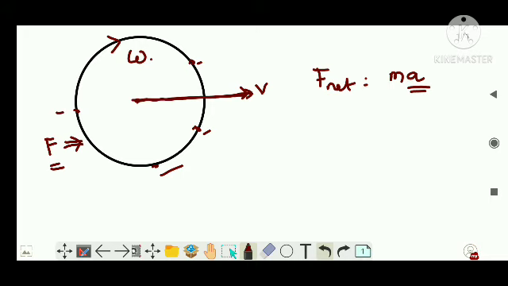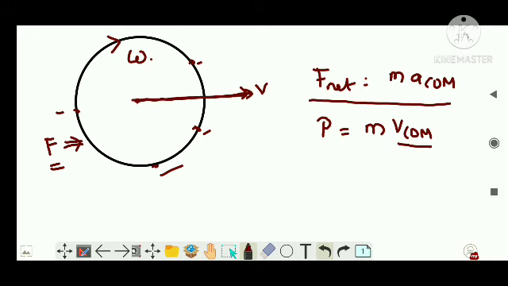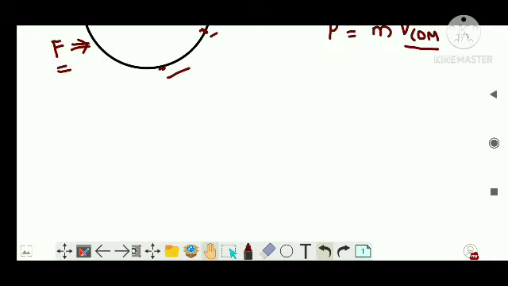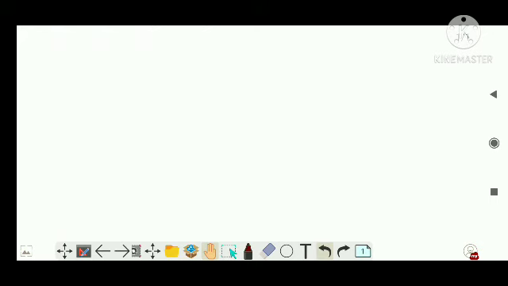So better to find the acceleration of the center of mass. Similarly, if someone asks you the momentum of the disk, better to find mass into velocity of center of mass. So this is a criterion which we can simplify by calculating the center of mass.